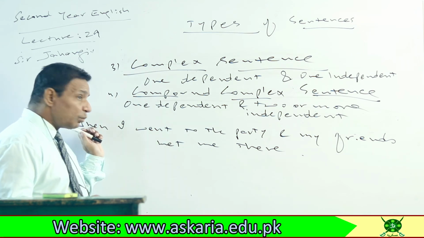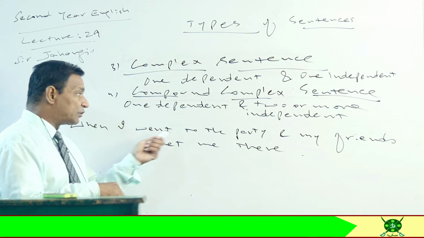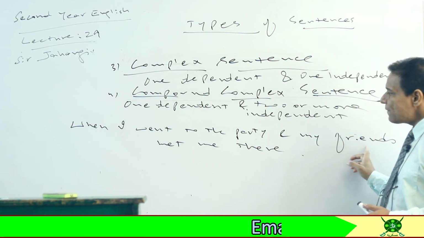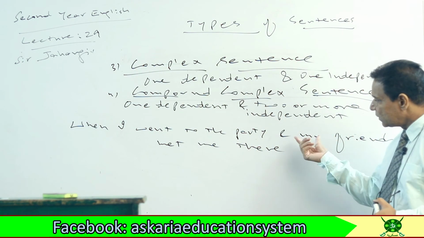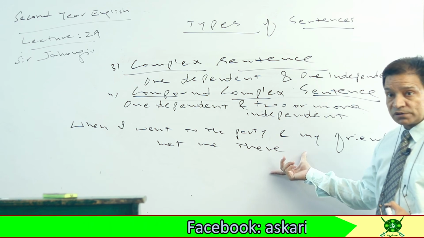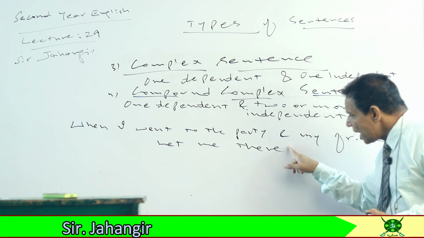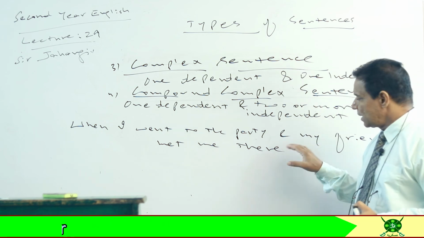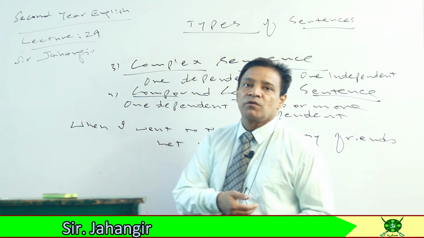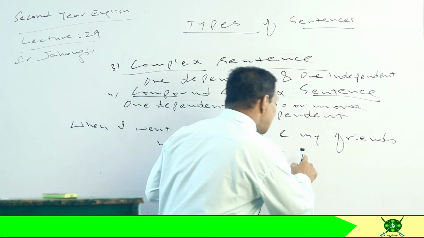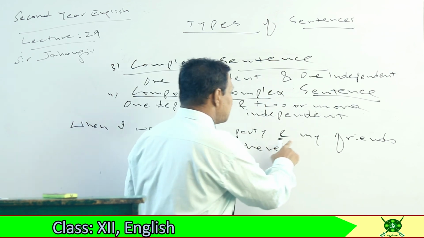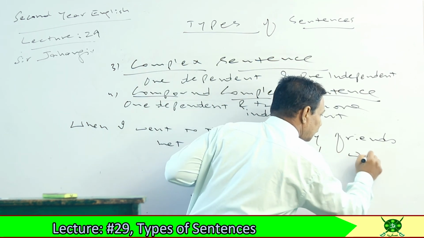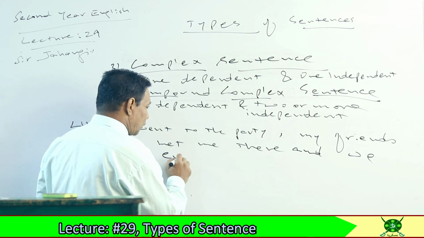Right? So take an example. "When I went to the party," dependent clause. "My friends met me there." Up to now there's only one independent clause, so this is complex. Now add another independent clause, and it will become compound complex: "When I went to the party, my friends met me there, and we enjoyed a lot."